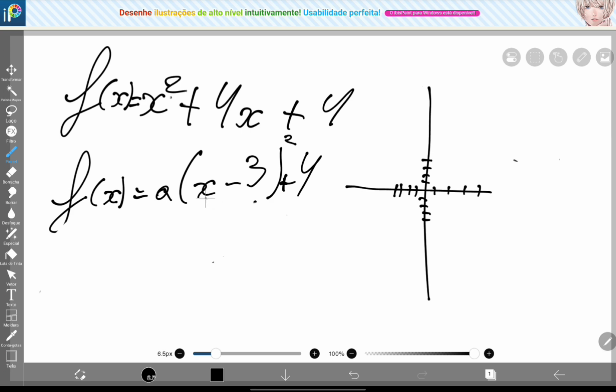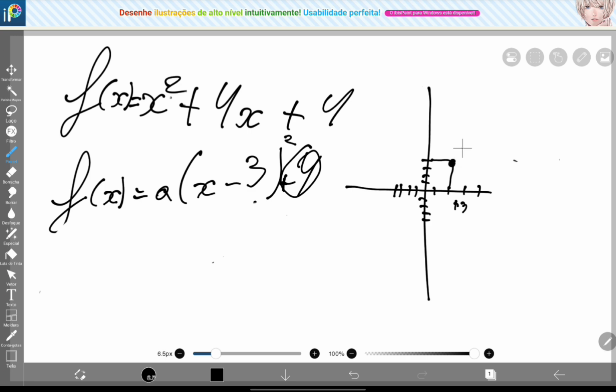So the x goes not to minus 3, it goes to plus 3. And since it says plus 4, this is the vertical axis, so it goes 1, 2, 3, 4, to here.